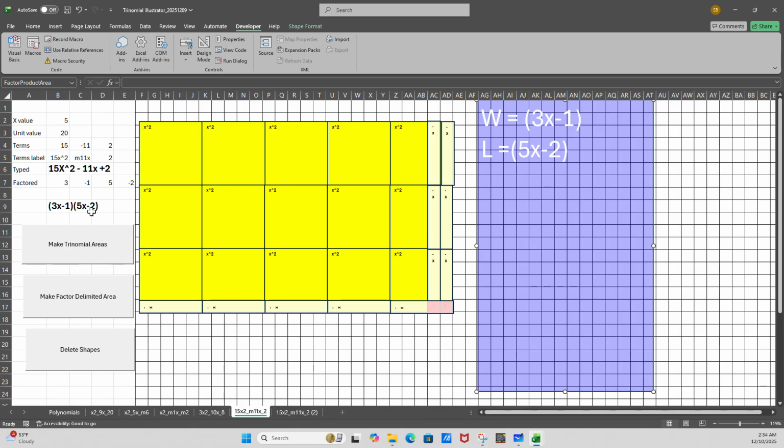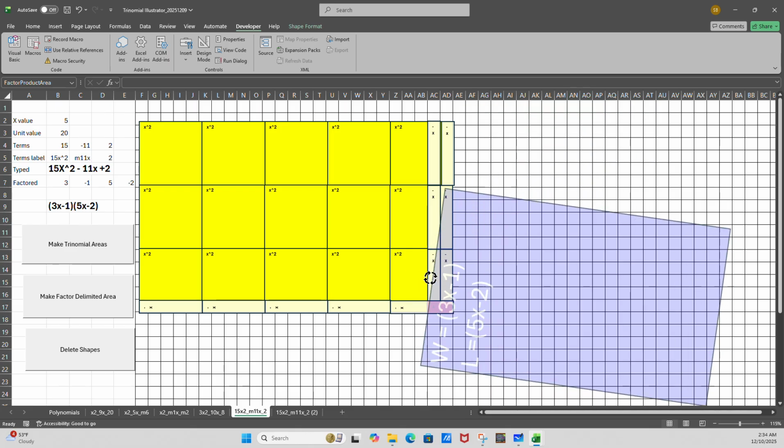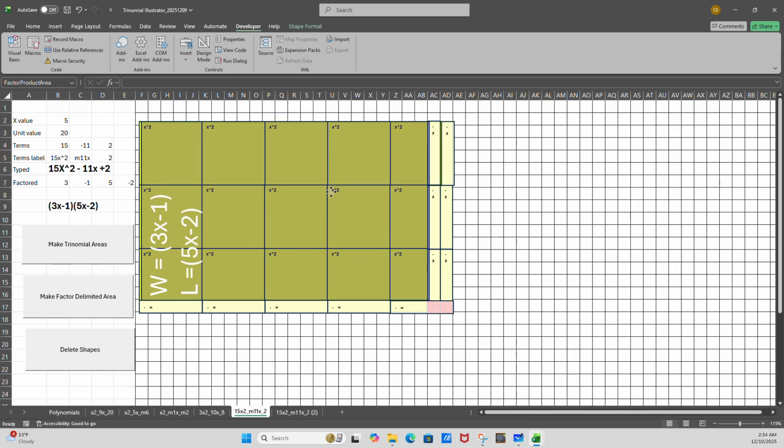So everything works out here as far as area. I thought that was pretty cool. If you're just learning how to factor trinomials, or you just want to refresh and want another way to think about it conceptually, this might help.